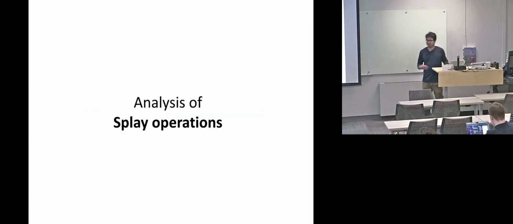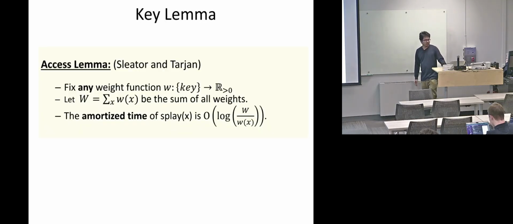So worst case cost is bad, but amortized cost is going to be good. The key lemma is this. I claim that this is not easy to prove, but let me tell you.